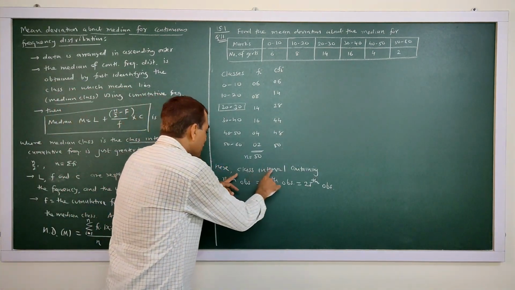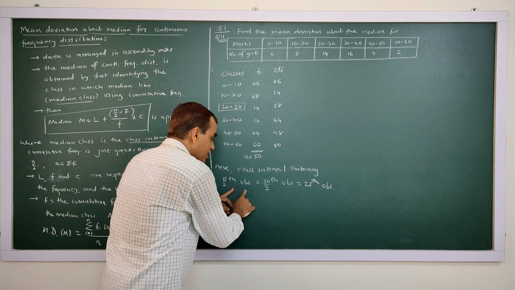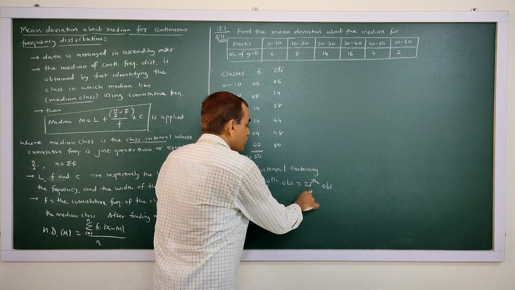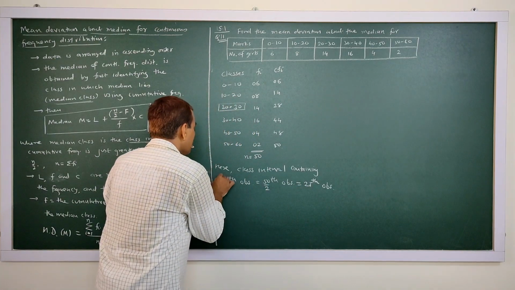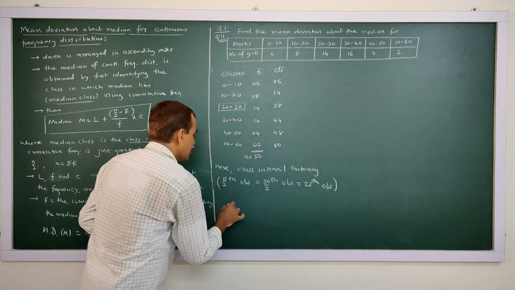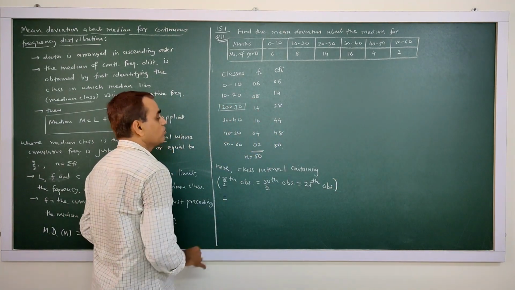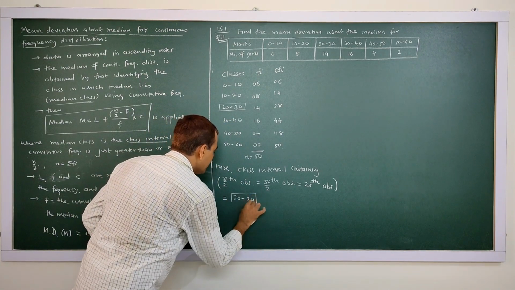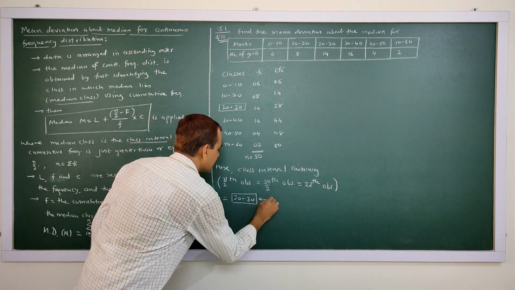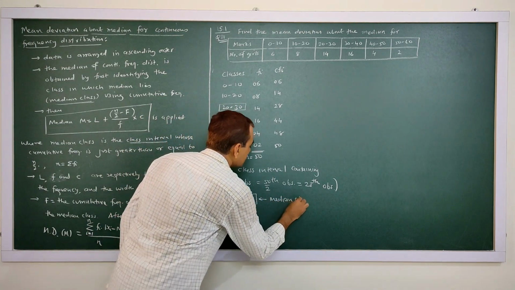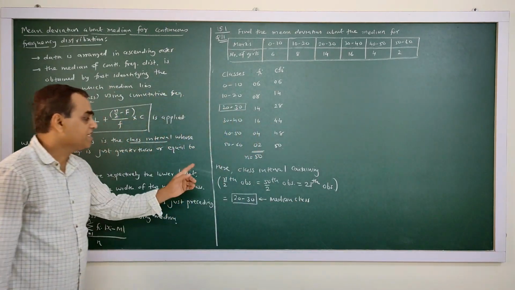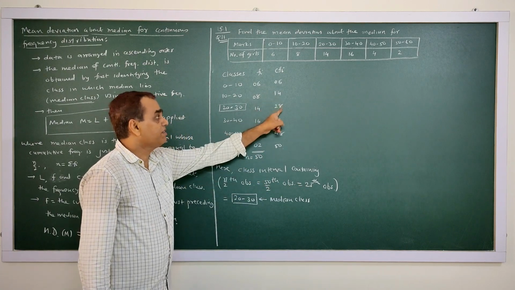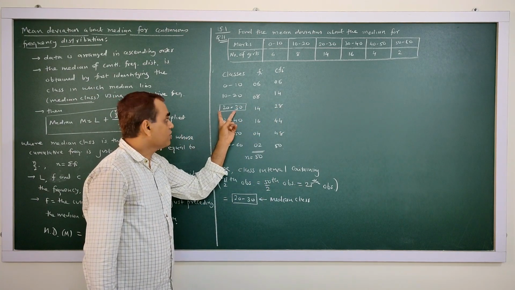The class interval containing the n by 2th observation, the 25th observation, is 20 to 30. So this will be the median class.